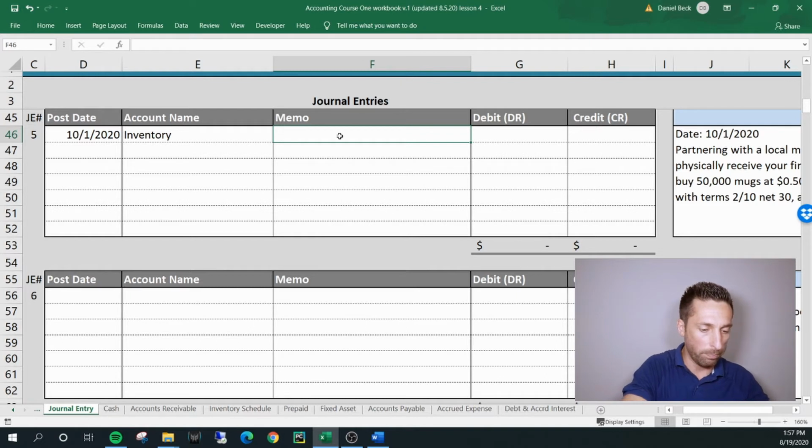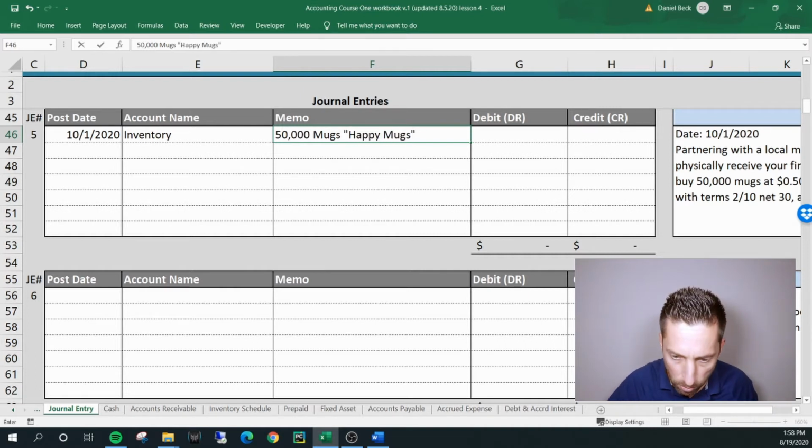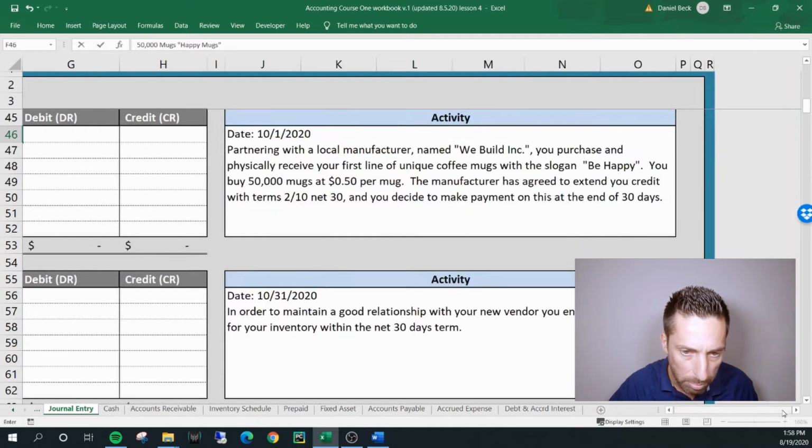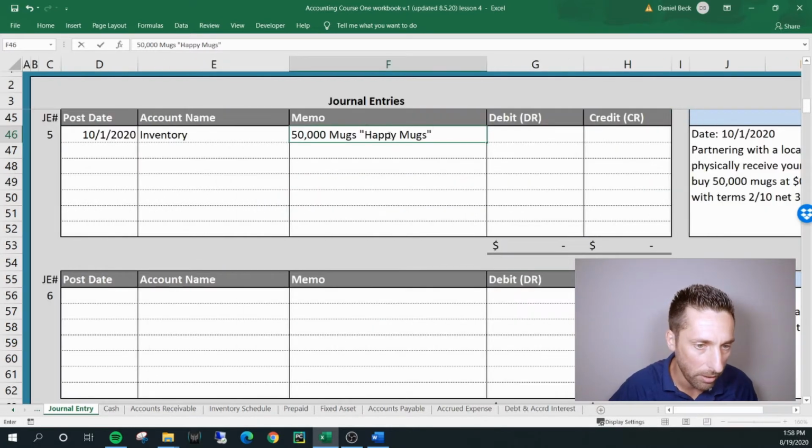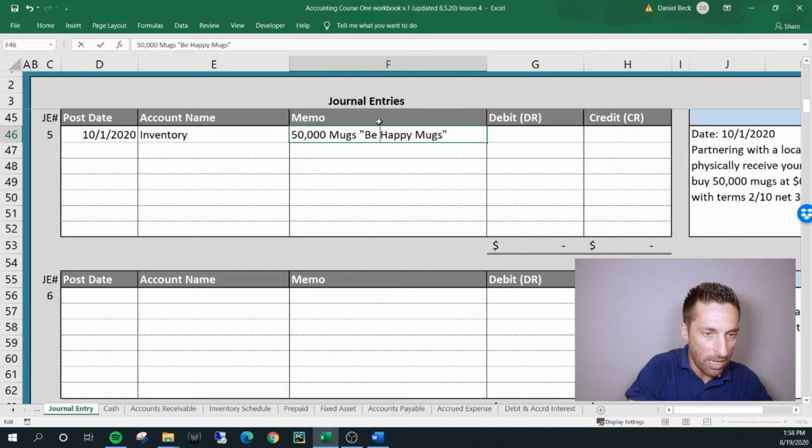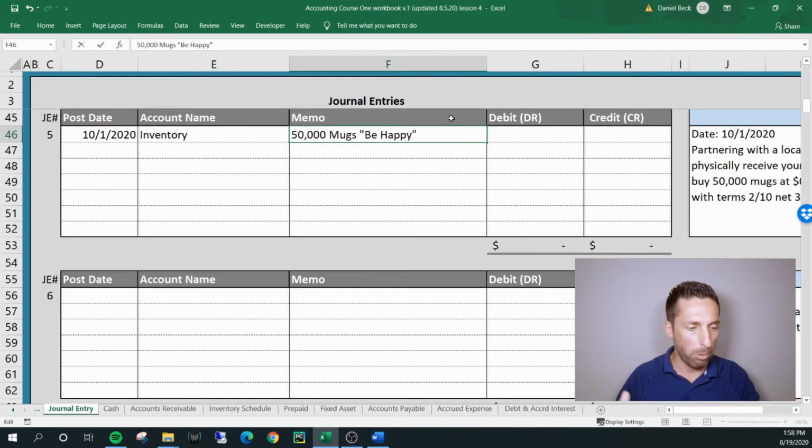We'll say, I don't know, 50,000 mugs, Be Happy mugs. I think that's what I put: Be Happy. 50,000 mugs, Be Happy. That's probably good enough for now.